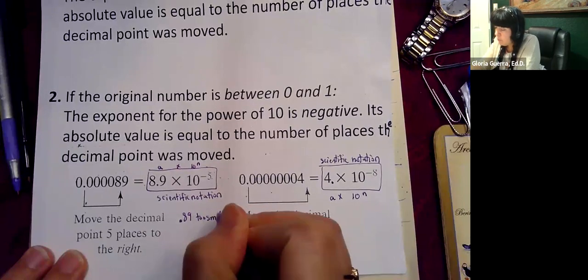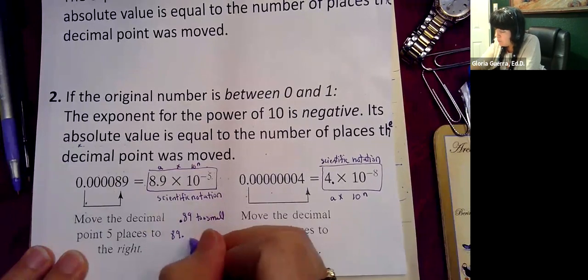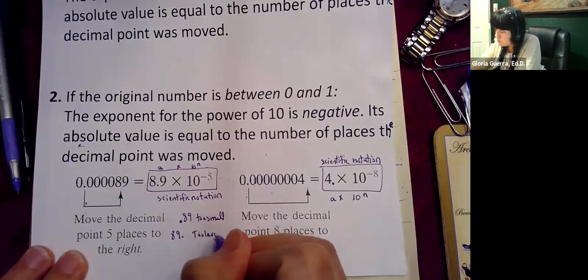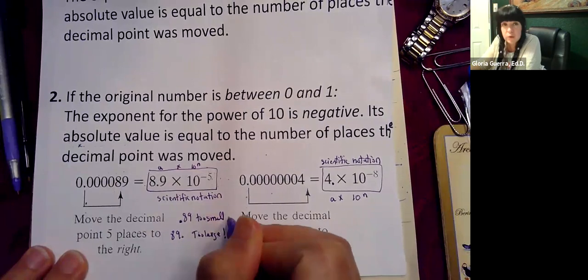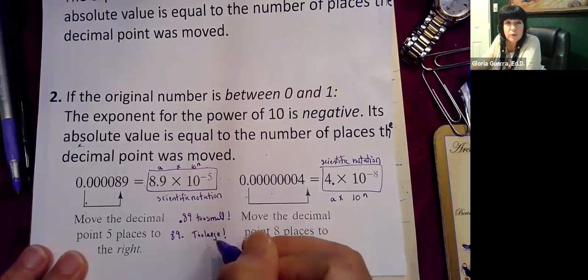And if you move it behind the 9 and make it 89, then it's too large. It's either too small or too large, okay?